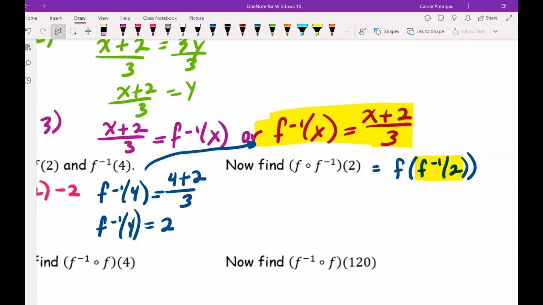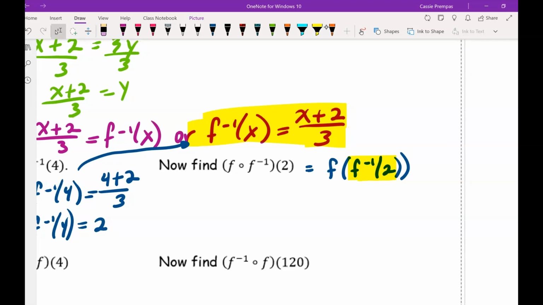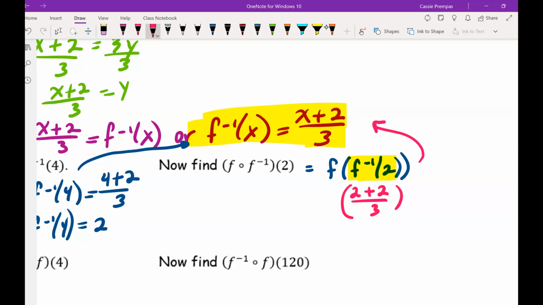So let's go ahead and determine what is the inverse of 2. So I'm going to go ahead and plug that in. And the inverse is x plus 2 divided by 3. So I'm going to plug in 2 for x, and I would have 2 plus 2 divided by 3 is going to be the answer to the inside.